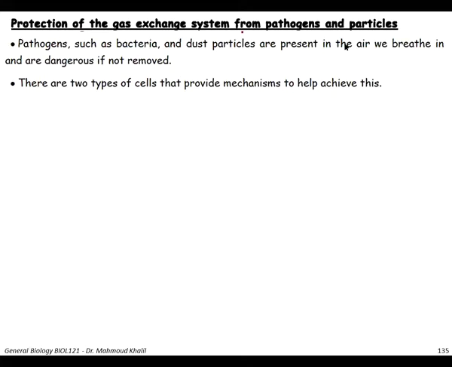So how is the gas exchange system protected from pathogens and particles? Pathogens such as bacteria and dust particles are actually present in the air, and we breathe these, and they are very dangerous if not removed. So there are two types of cells that provide a mechanism to achieve this protection, and we already talked about these two kinds of cells before.